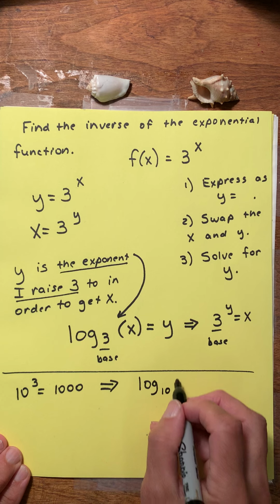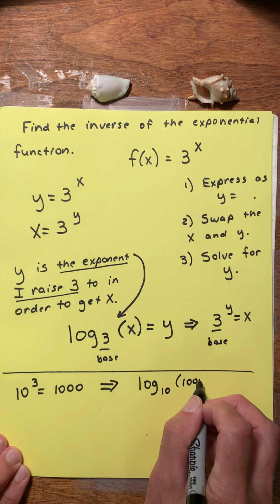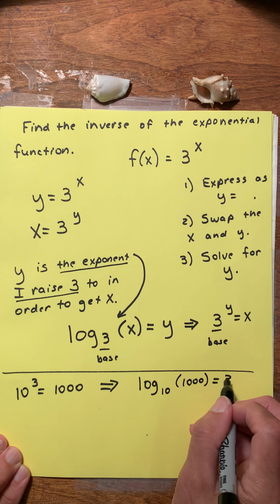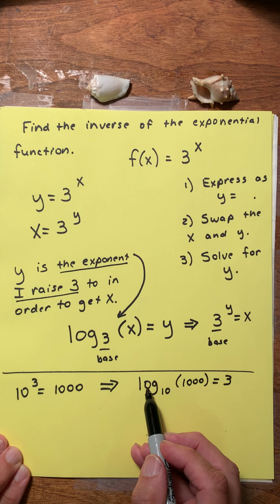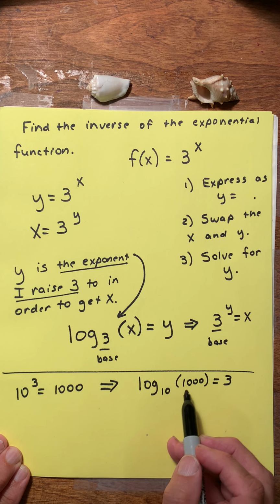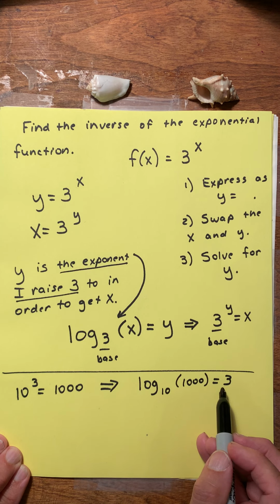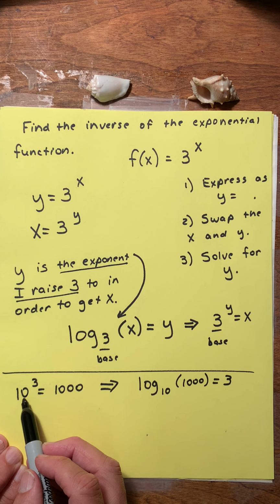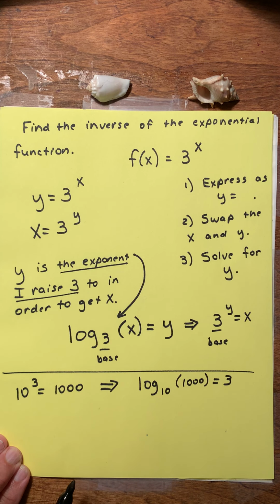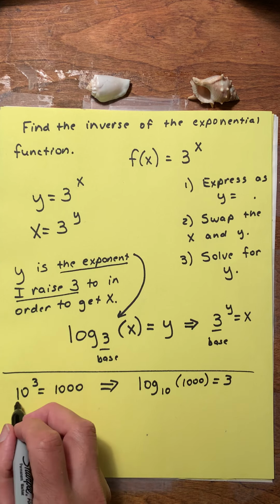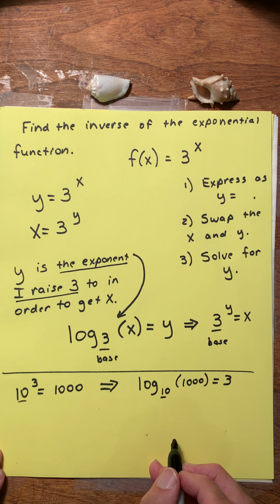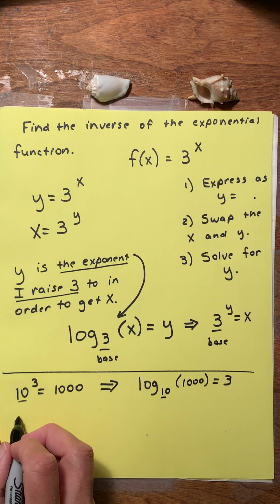Log base 10 of 1,000 is 3. Another way to say it, the exponent that I raise 10 to in order to get 1,000 is 3. Base, base.